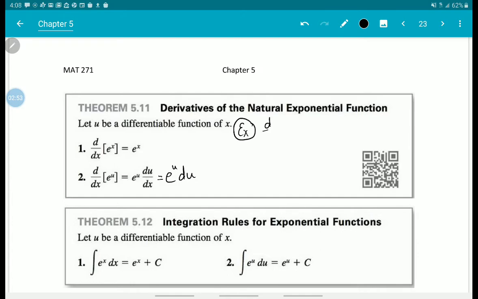Let's say we want to take the derivative of e to the 2x. The derivative of e to the u is e to the u, so it would be our e to the 2x, but then we have to take the derivative of the exponent, which would be 2. So we would get 2e to the 2x there.